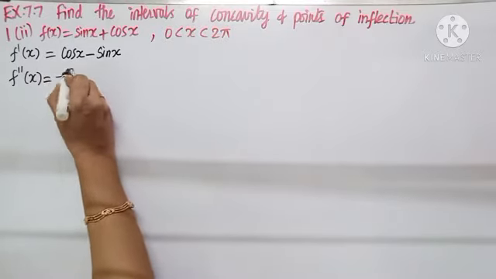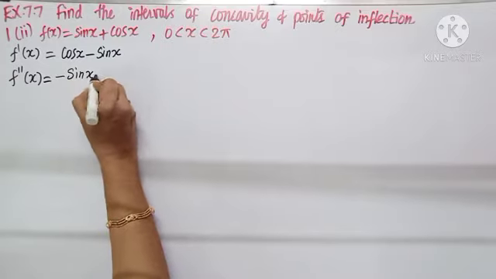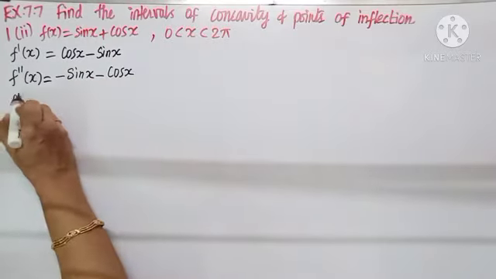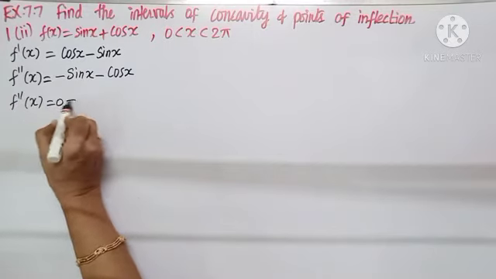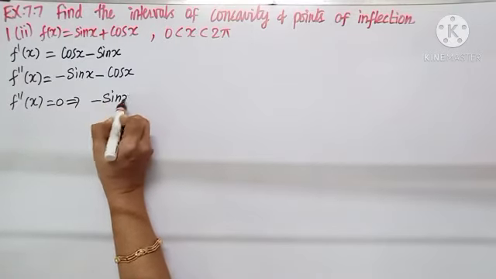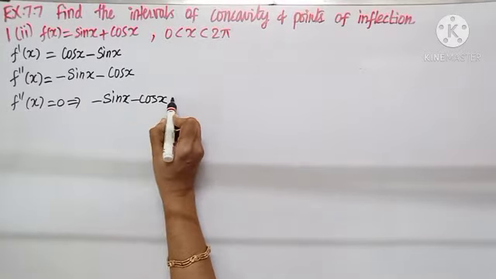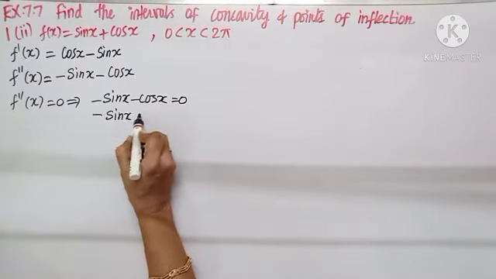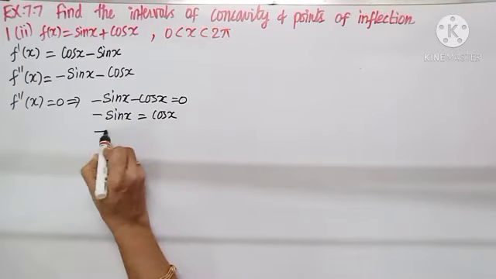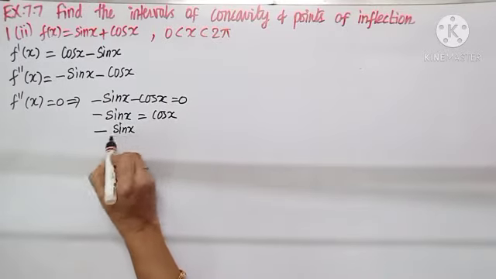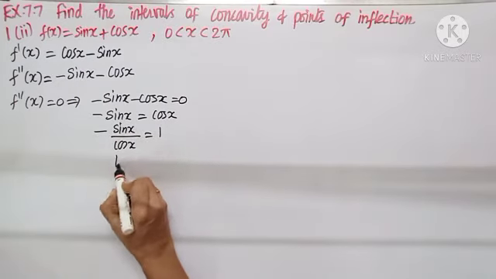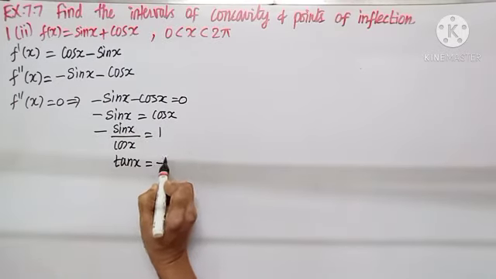Cos x becomes minus sin x, minus sin x becomes minus cos x. Putting f double dash of x equal to 0, minus sin x minus cos x equals 0, or minus sin x equals cos x, or minus sin x by cos x equals 1 as we divide. Tan x equals minus 1.